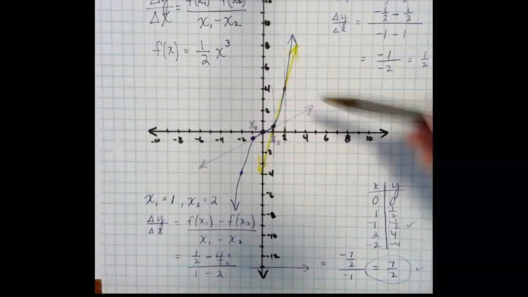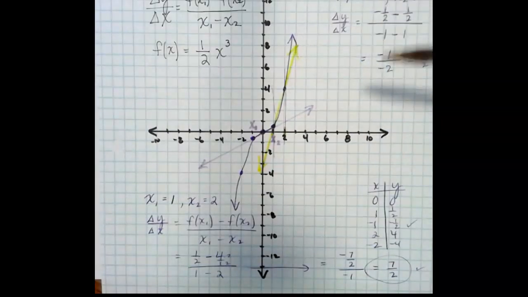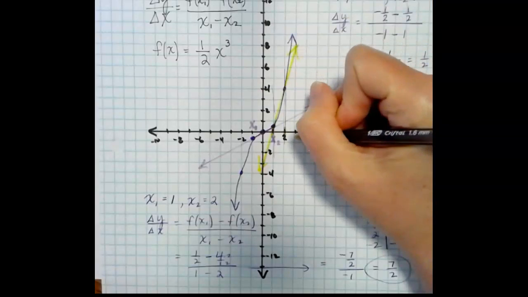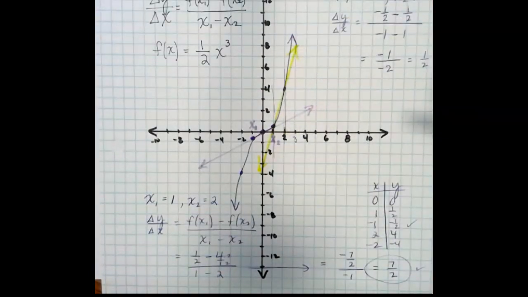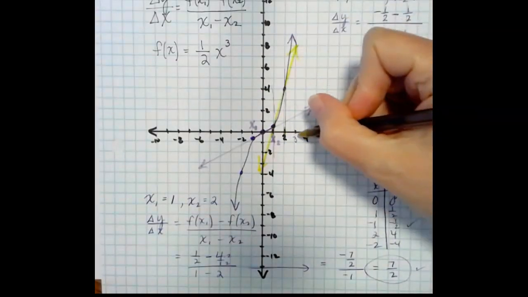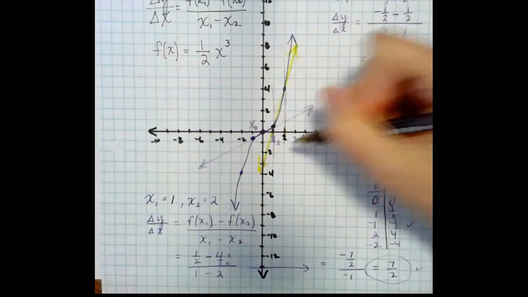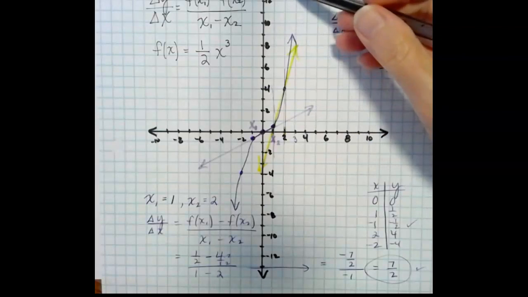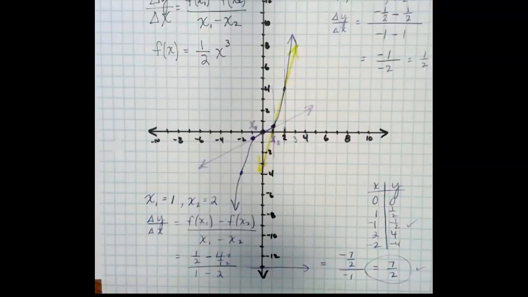Clearly, the average rate of change will even be steeper if we considered the next point. If we were to plug in x equals 3, 3 squared is 9, and 3 cubed is 27, and half of 27 is 13.5. So that would be a point way off our graph. So the average rate of change changes as we go through the function depending on what we plug in for our x values.